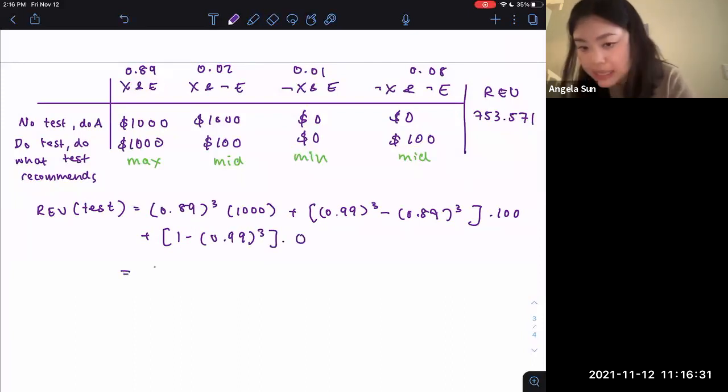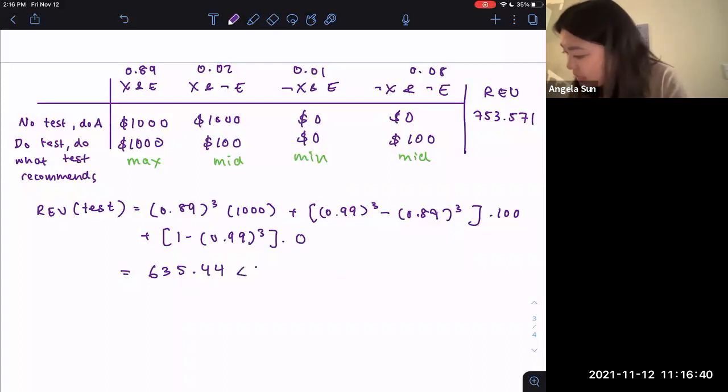And that turns out to be 635.44. Okay, so 635.44 is less than 753.571.